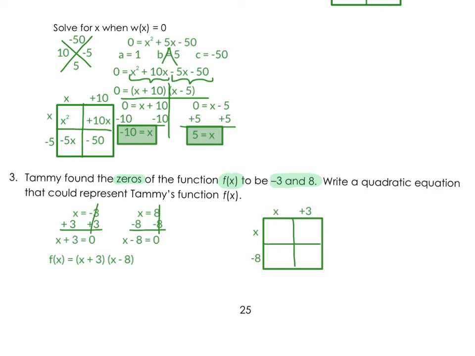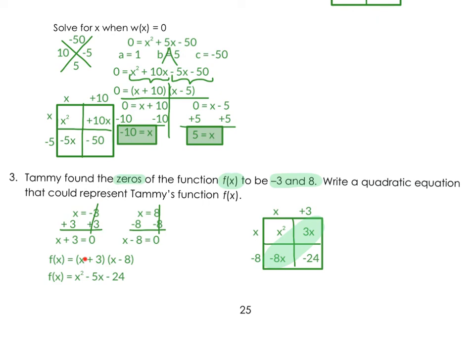So x times x would give me x squared, and then the x times the 3 would give me a 3x, and then in the bottom left cell here, negative 8 times x would give me a negative 8x, and then negative 8 times 3 would give me negative 24. Then when I look at my diagonals, I can see that there are like terms. The 3x and negative 8x combine. So then I can rewrite my equation as f of x equals x squared minus 5x minus 24.